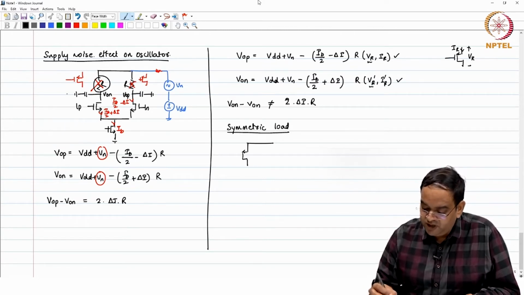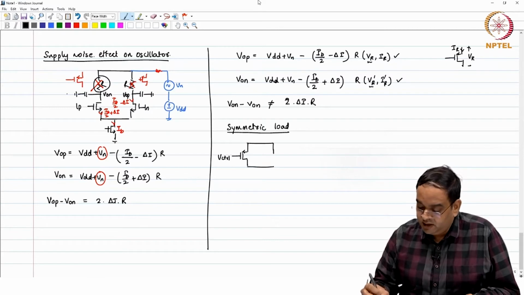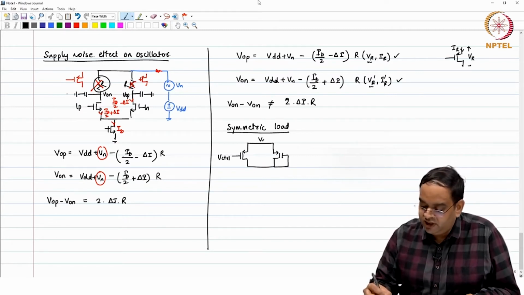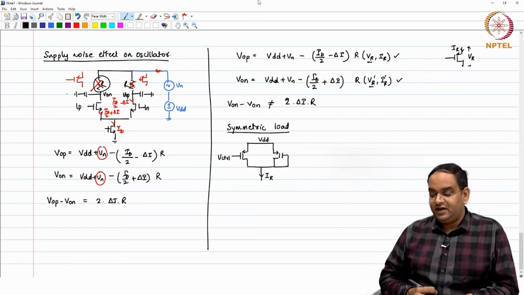You have two PMOS, one PMOS is controlled by a control voltage VCTRL and the other PMOS is connected, or you can say the drain and source are shorted. This is VDD. I am just drawing the current, the total current drawn from this load is IR.